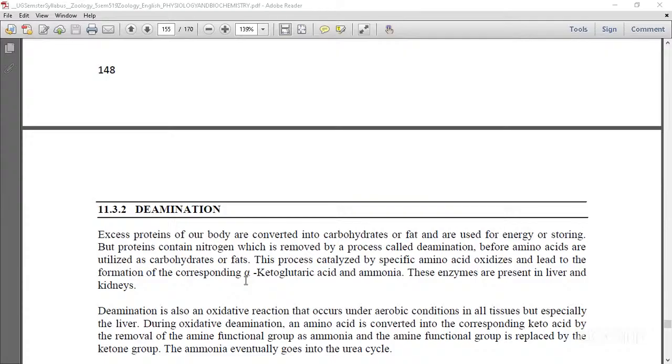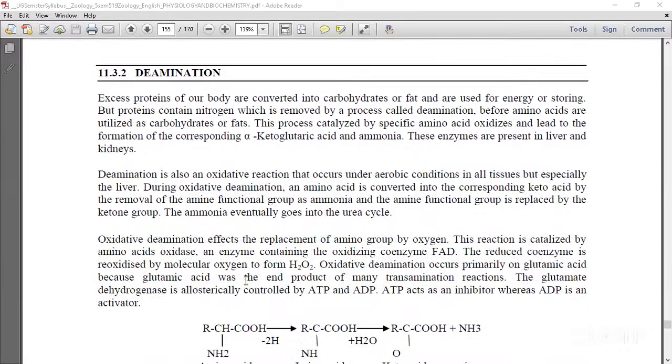During oxidative deamination, an amino acid is converted into the corresponding keto acid by the removal of the amine functional group as ammonia, and the amine group is replaced by a ketone group. The ammonia eventually goes into the urea cycle.